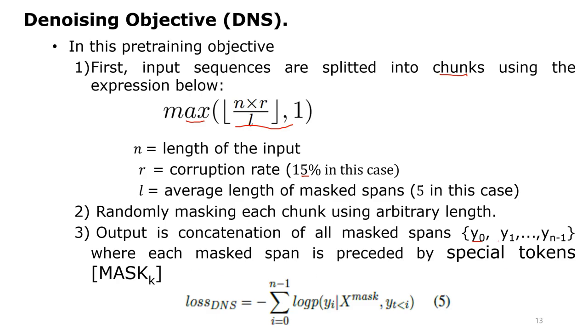All of these masked spans are preceded by the symbol mask k. The objective function is computed by taking these masked spans plus the previous sequence, which are shown here.